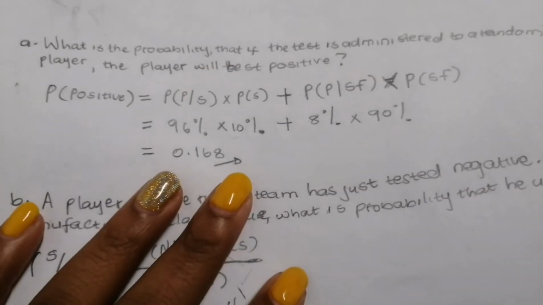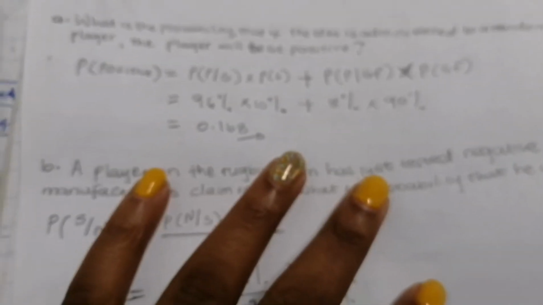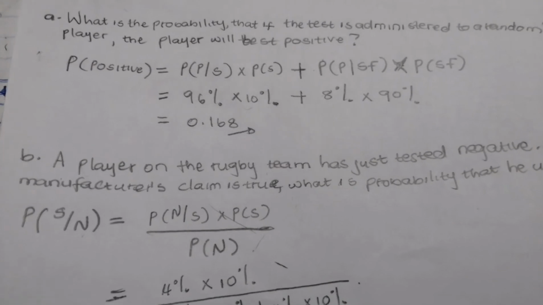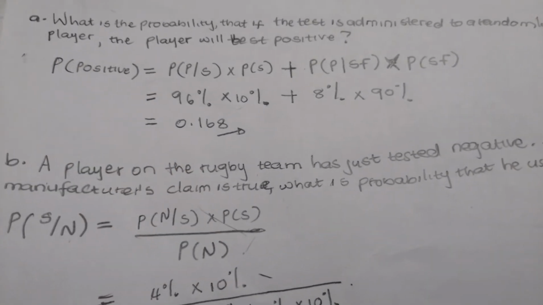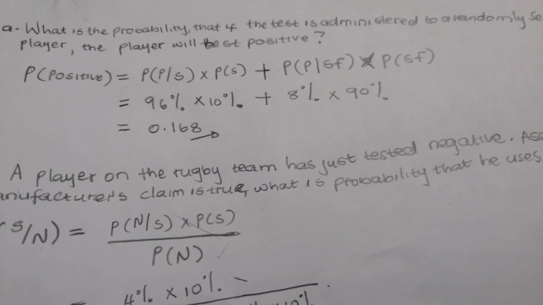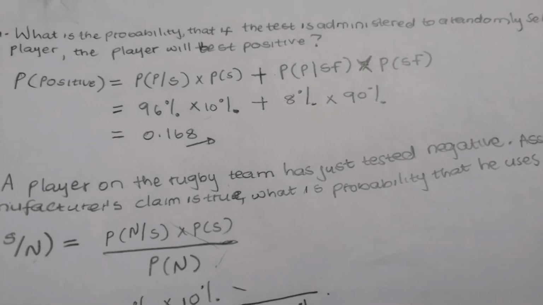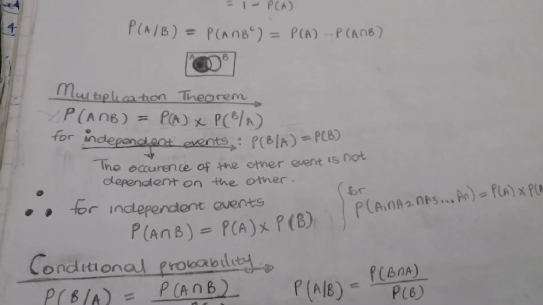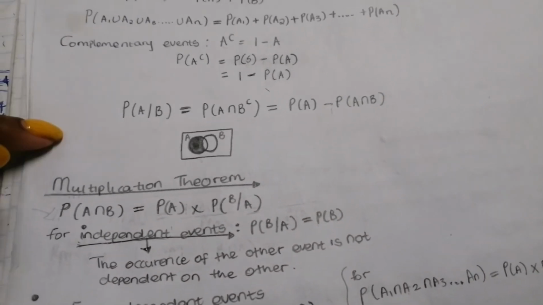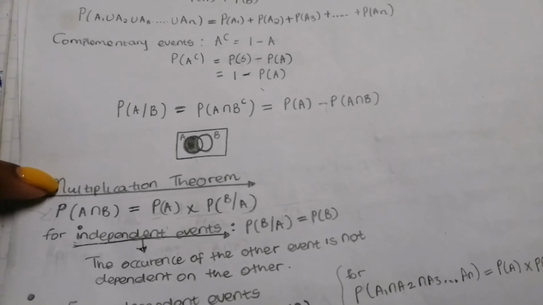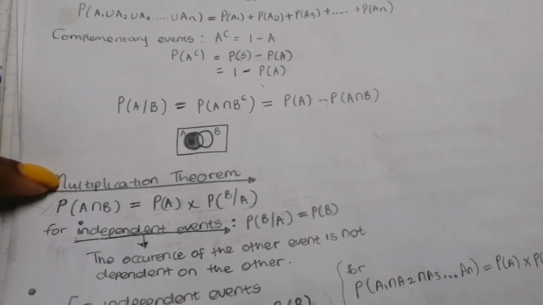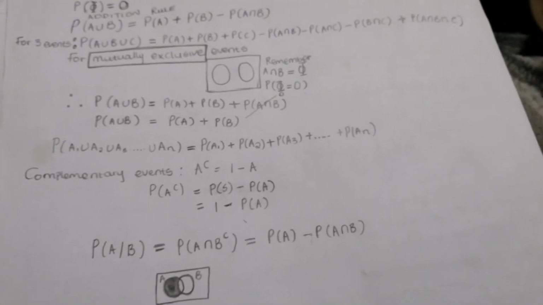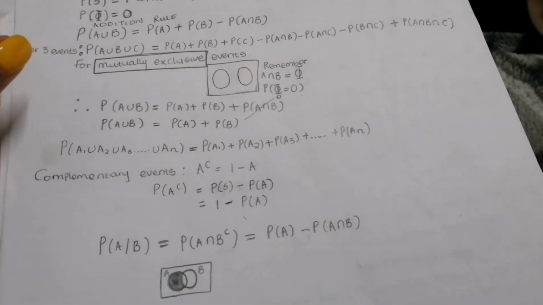So that is how you do questions like this. You can see law of totality, conditional probability, Bayes' theorem. Yeah, so I think we've covered all the formulas here, or I didn't do an example under multiplication theorem. And these formulas you can also use.